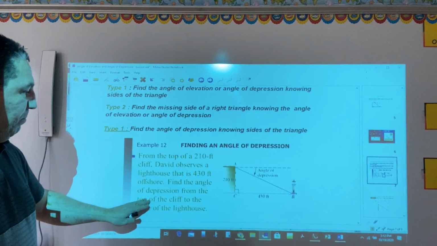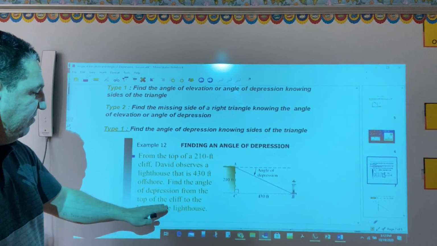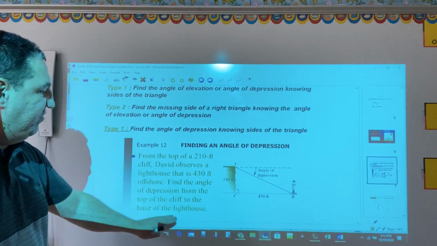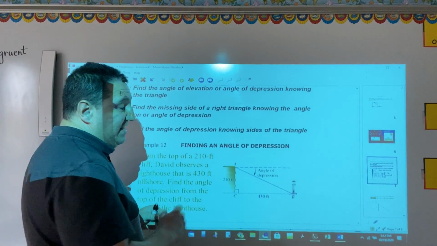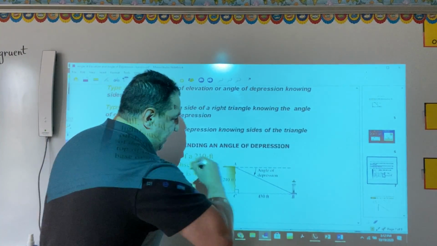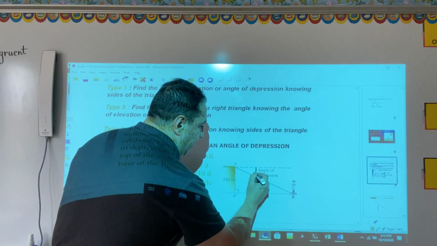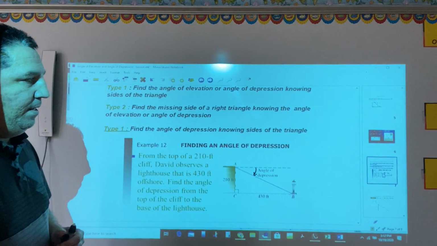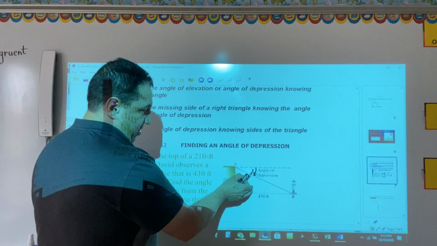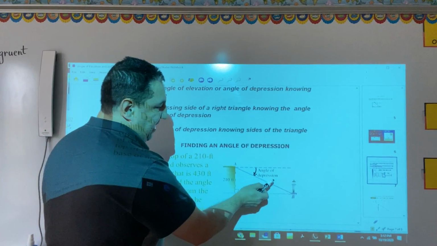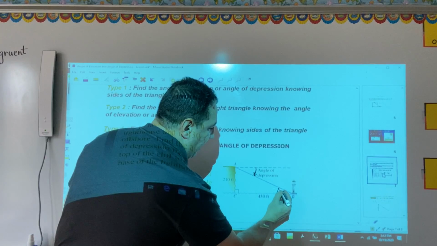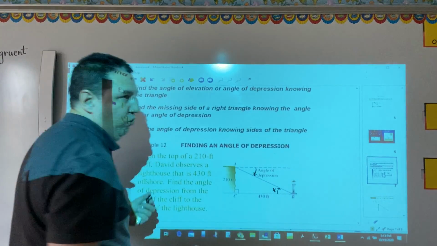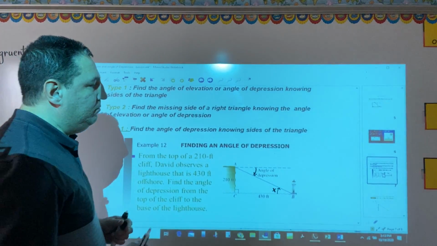Find the angle of depression from the top of the cliff to the base of the lighthouse, right? As we can see in this figure, this is the angle of depression. But this angle of depression is at the same time congruent to this angle. Let's say x, because we don't know that angle.